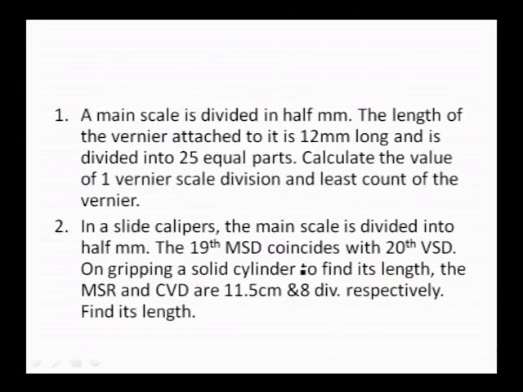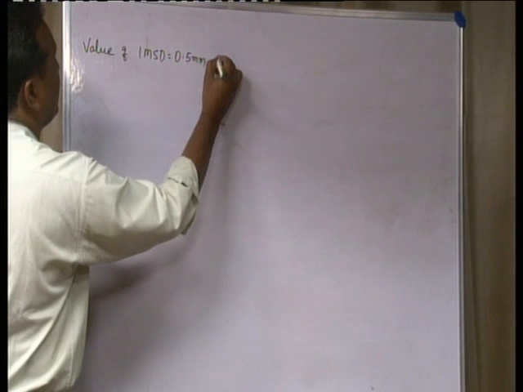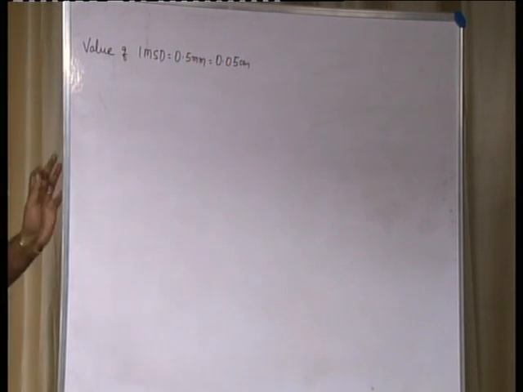In a slide calipers, the main scale is divided into half mm. Main scale is divided into half mm means value of 1 MSD is equal to half, means 0.5 mm, or you can convert it into centimeter, it becomes 0.05 centimeter.